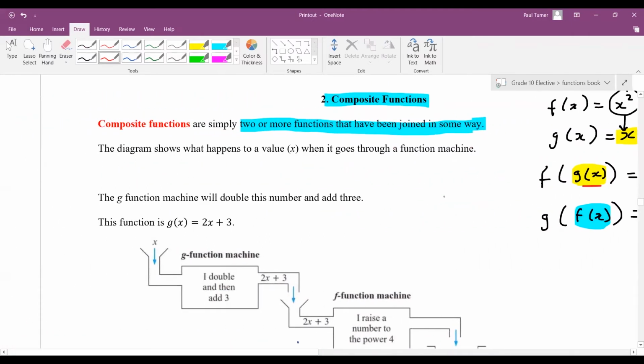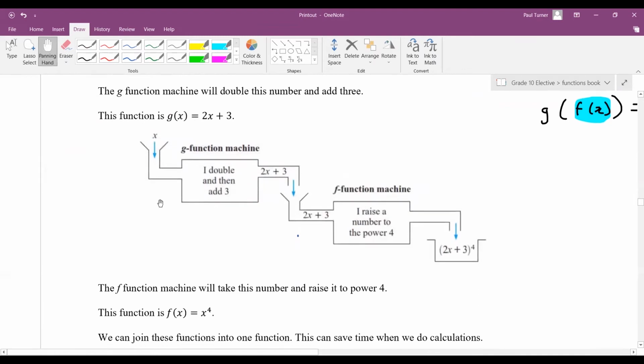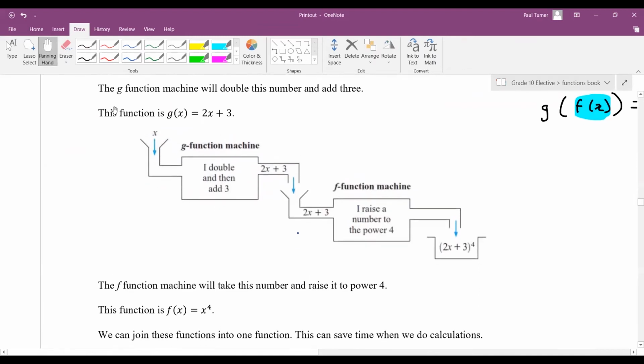What I did here, I've actually done the same thing. So think about this function machine. So we take an x, right? Let's do the g function first. And the g function is telling you what I want to do to the number. So if you take a number, let's just call it x, and you put in the g function, it's telling you to double and then add 3.